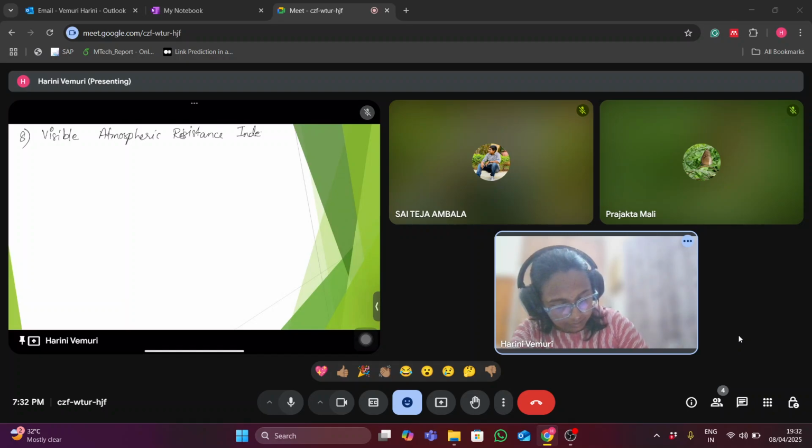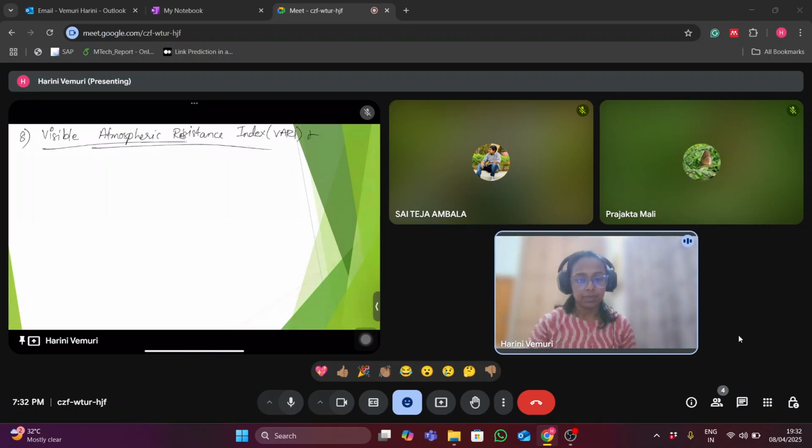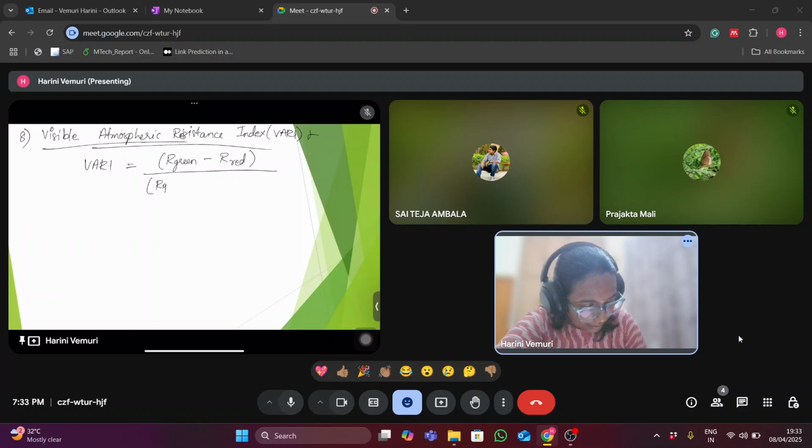VARI. So it is based on RGB, red, green and blue bands. The crop index is calculated and it reduces the atmospheric effects by subtracting the blue wavelength from green and red. Okay. So VARI is equal to (reflectance in green band minus reflectance in red) / (reflectance in green plus reflectance in red minus reflectance in blue).